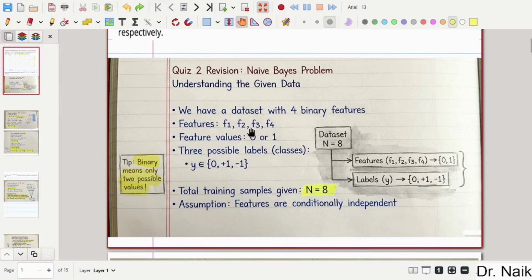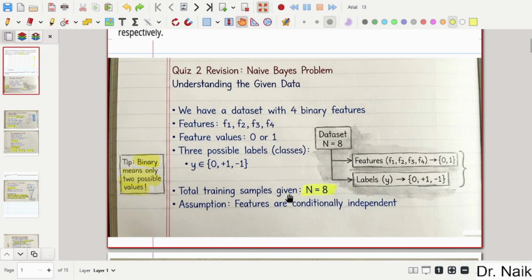We have a data set with the 4 binary features F1, F2, F3, F4, and binary means each feature has the value either 0 or 1. So such 8 samples are given and each sample has features F1, F2, F3, F4 with their values either 0 or 1, and they all have labels y, and y is from the set 0, +1, -1.